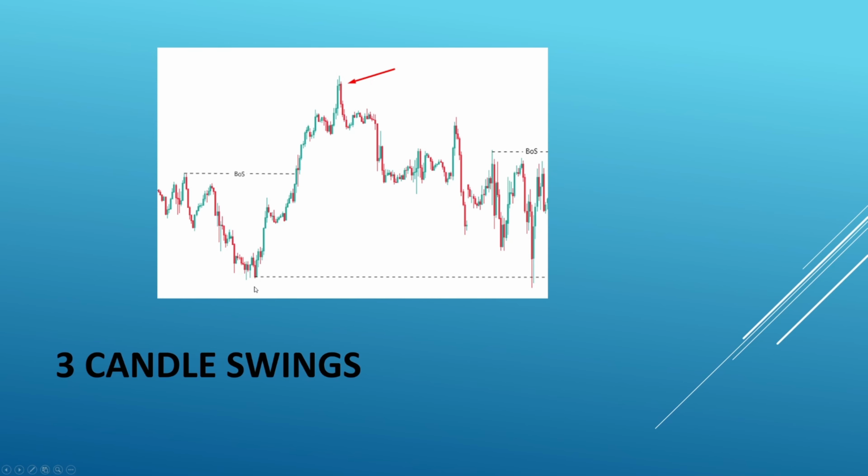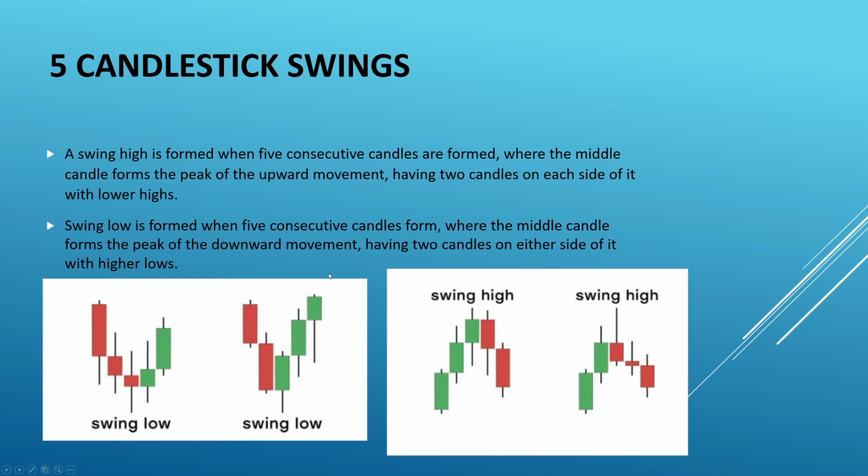It's very important to determine swings to identify structure. This is one more swing as well, because if you identify this as a swing, the whole idea will be wrong and you might lose a trade. So it's very important to identify swings correctly. 5 candlestick swings.